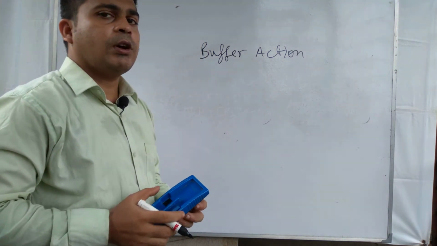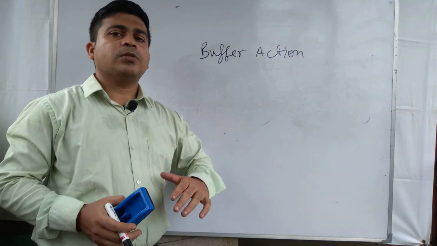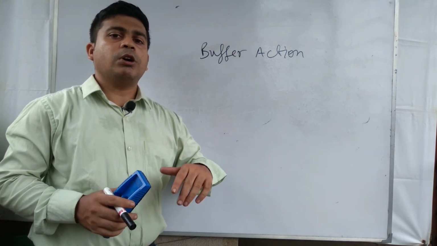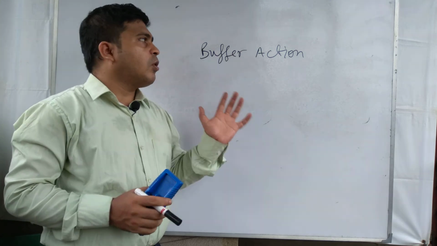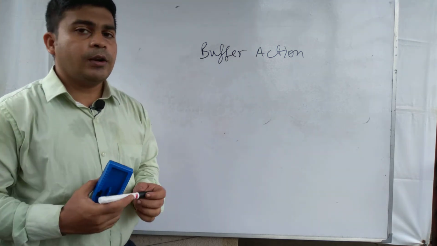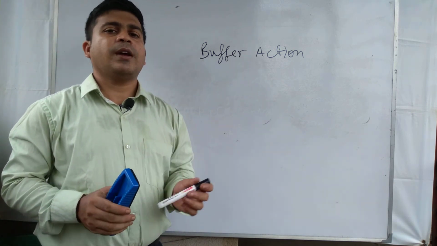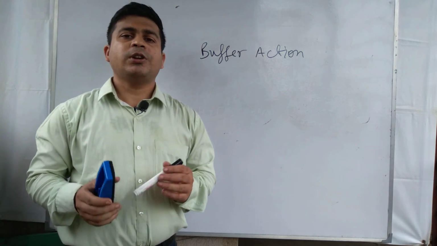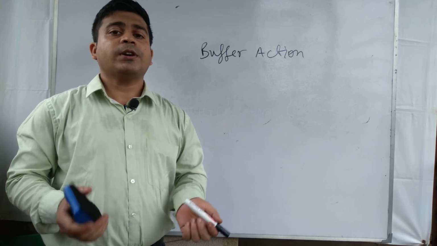Buffer action is the topic where a buffer solution resists the change in its pH. In this video we do not cover this buffer action, the mechanism of buffer solution in acidic and basic medium, or the buffer capacity.